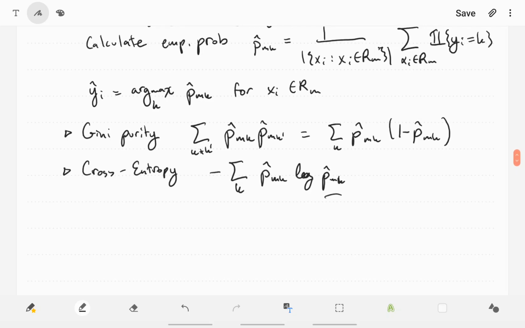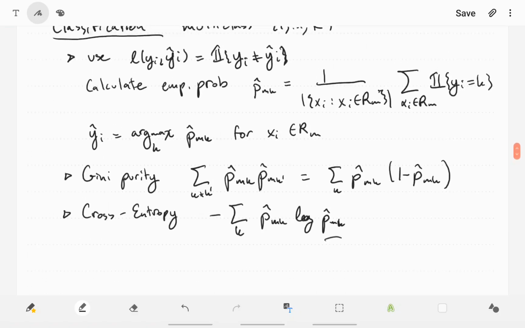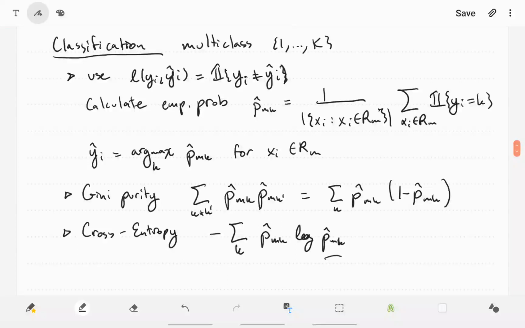It's another information theoretic measure of how associated the region is with a given class. So that's another measure that people often use for selecting a split in classification.